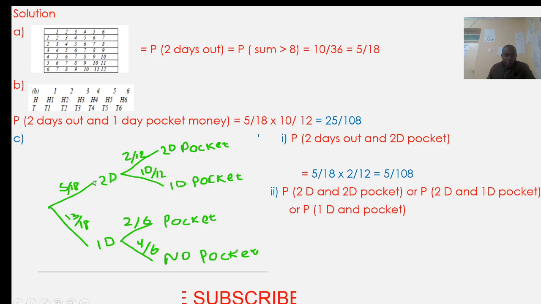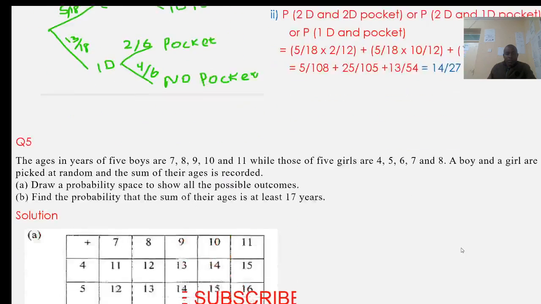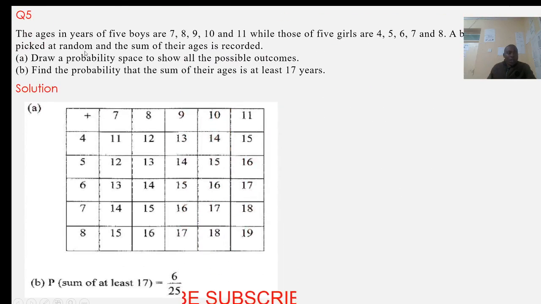We multiply this times this, that is 5 over 18 times 2 over 12, plus 5 over 18 times 10 over 12, plus 13 out of 18 times 2 out of 6. That gives you the probability of getting pocket money. So you multiply all of them, you add, you will find 14 out of 27. Question number 5.